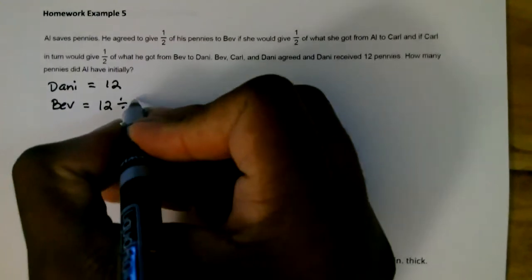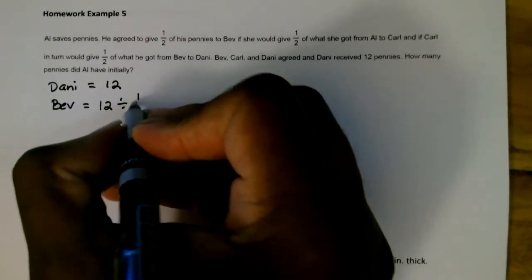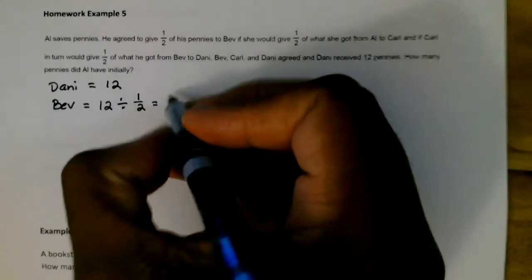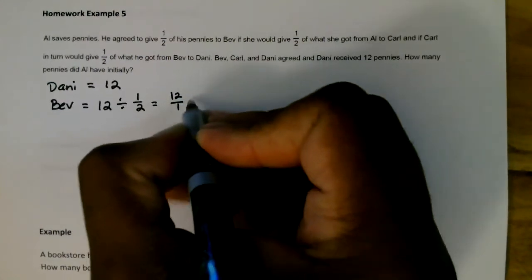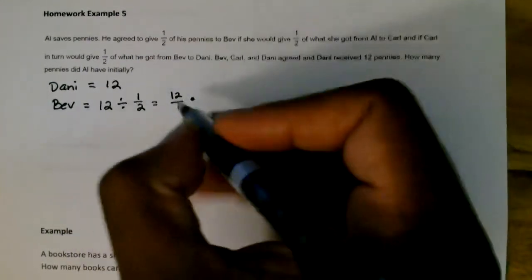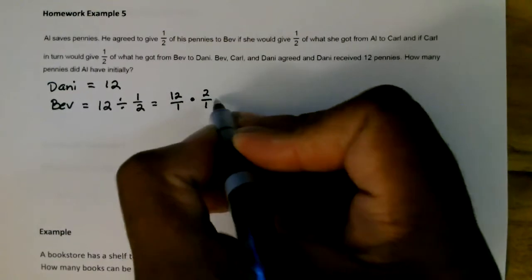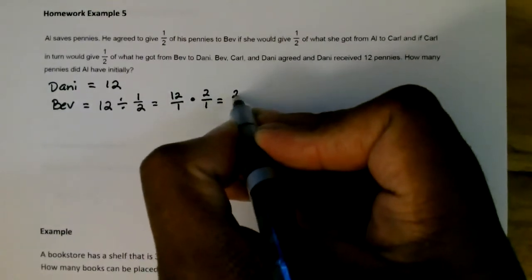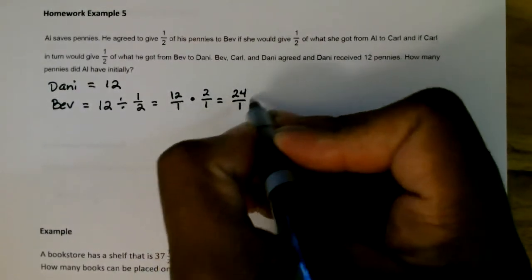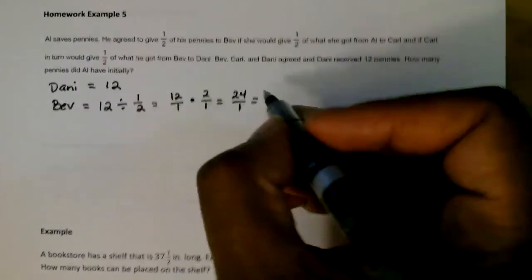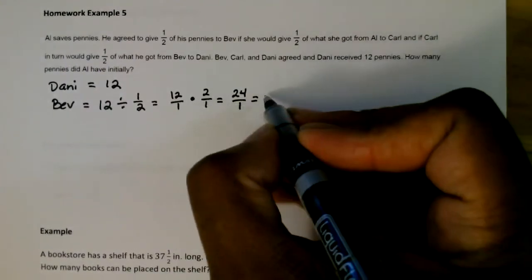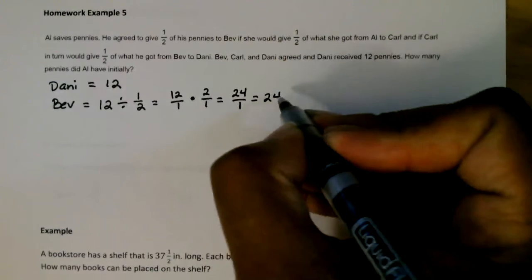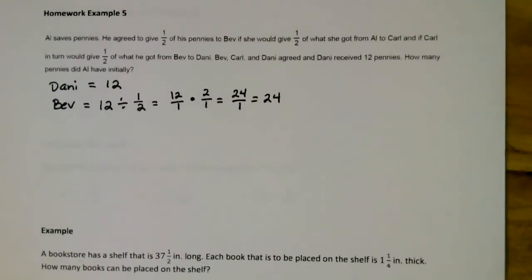We need to divide that by 1/2, which is, of course, I'm going to put the 12 over 1 times the reciprocal of 1/2, which is 2 over 1. And then that means 24 over 1. 12 times 2, that's 24. 1 times 1 is 1. 24 over 1 would be 24. So Carl had 24 pennies.